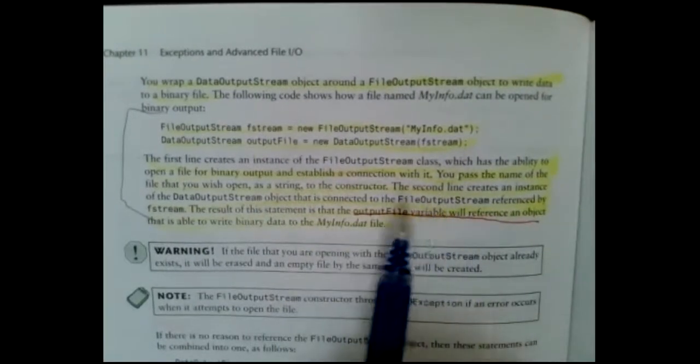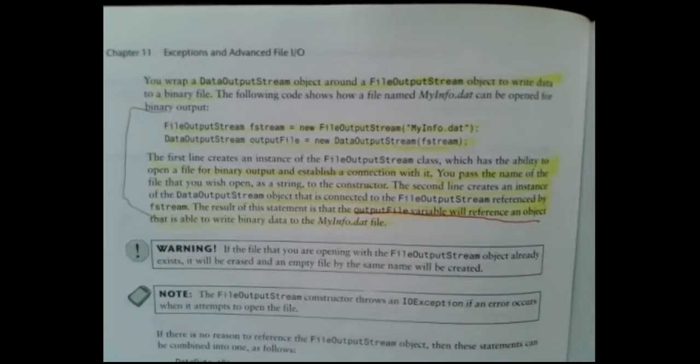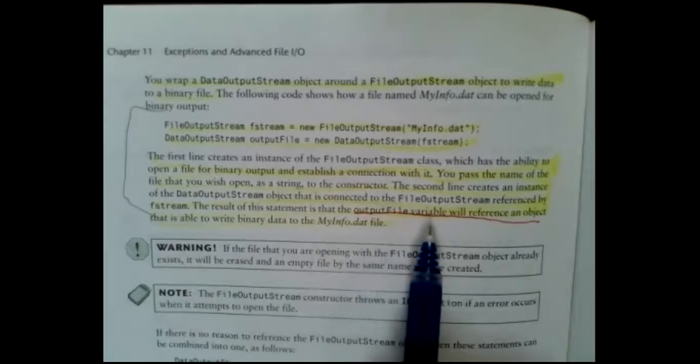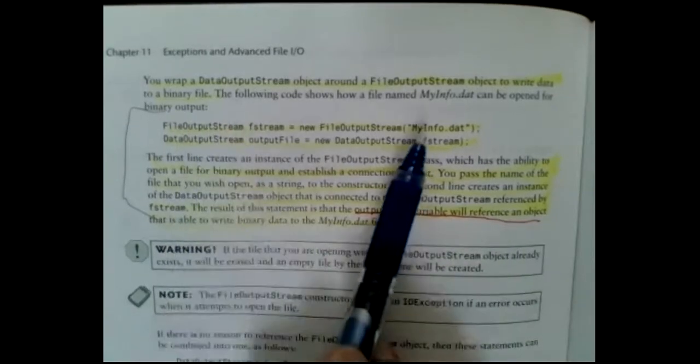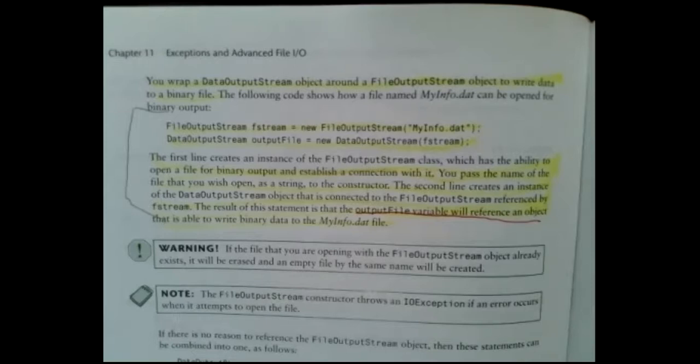We have a reference variable to reference another class. I don't want to get into it very deep, but the output file variable references an object from up above so that it can link to the myinfo.dat file. It's like a way of doing the connection.